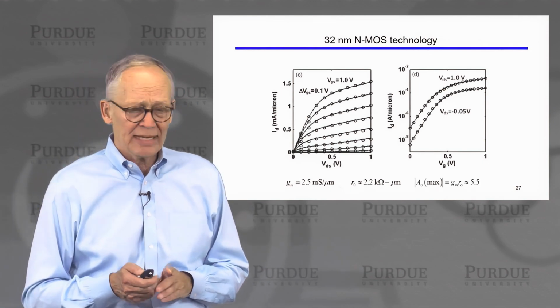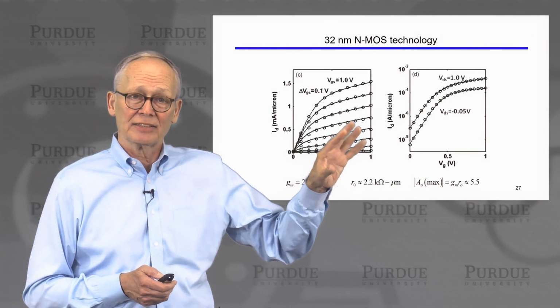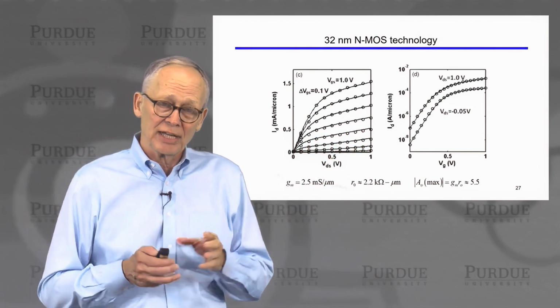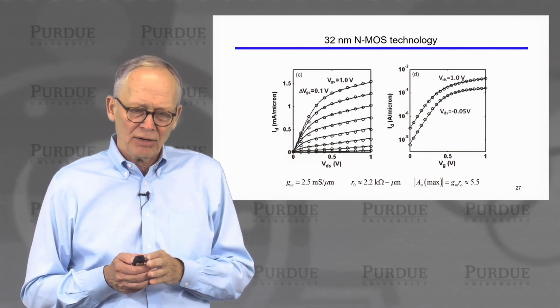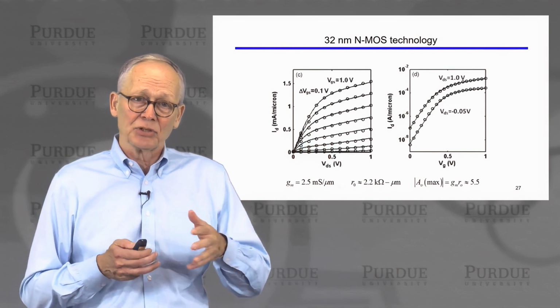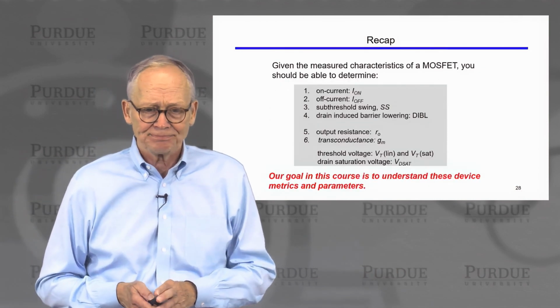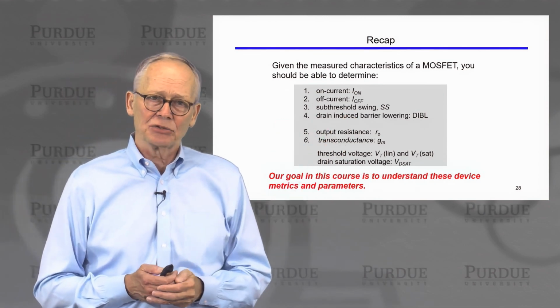So when I put the two together and compute the self-gain, this device actually has a smaller self-gain than the older and longer channel technology. This is the reason that analog designers often prefer to work with longer channel length transistors to get higher gains.